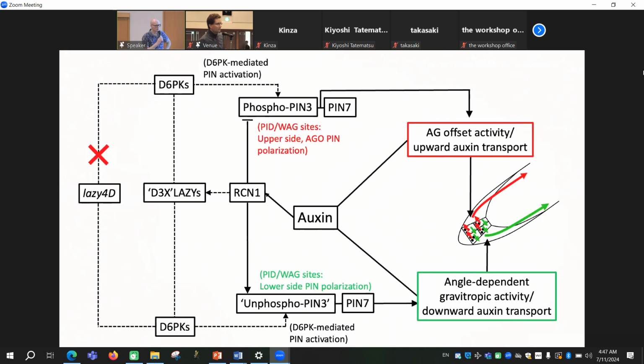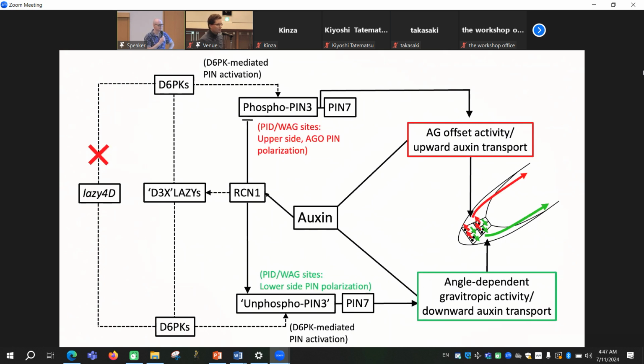No, we don't see any effect on the primary root, but we see this huge lateral root GSA phenotype. So they are much more vertical, and also they don't seem to be able to bend upwards in the same way.